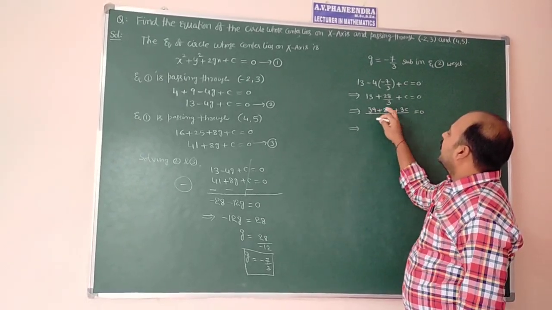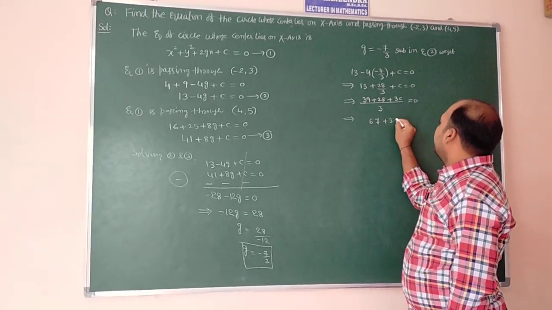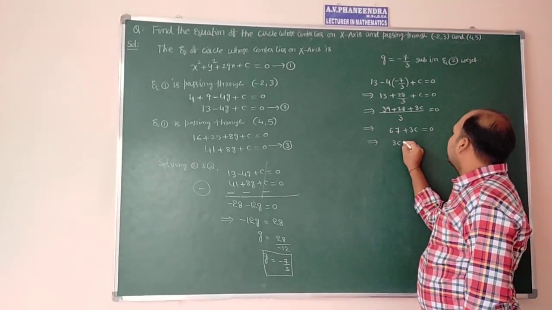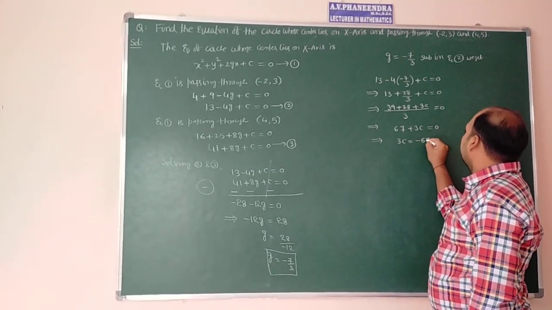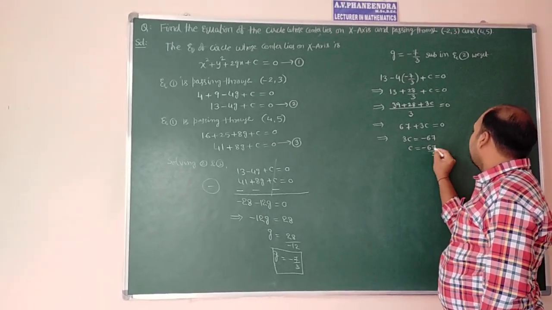Cross multiply. 39 plus 28 is 67, plus 3c equal to 0. That implies 3c is equal to minus 67. c is equal to minus 67 by 3.